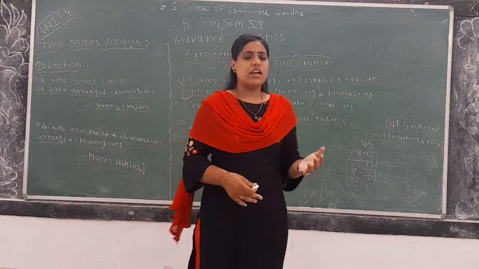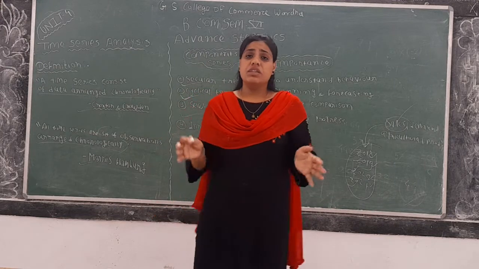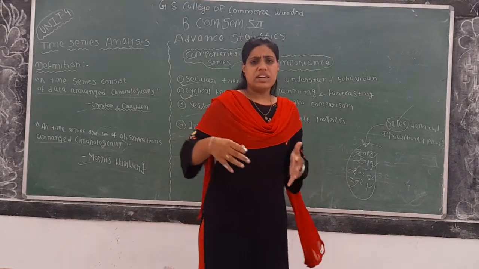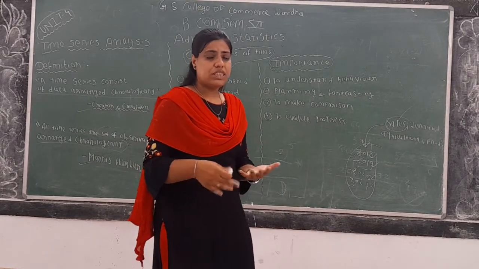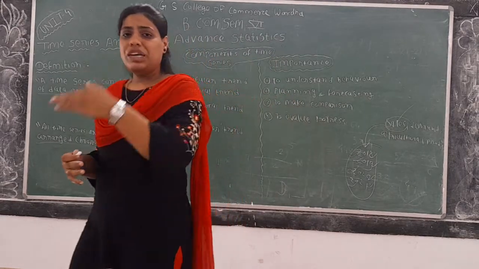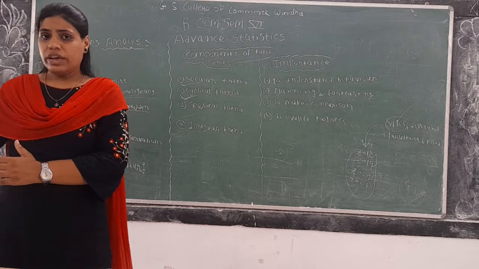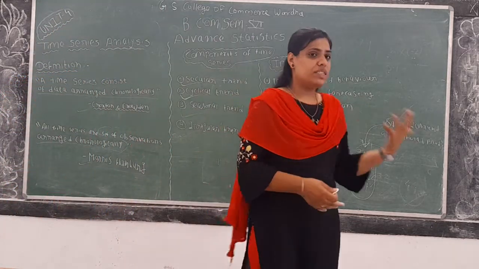Business cycle is a cycle which shows fluctuation in the level of economic activity in a particular economy. Okay, so when we talk about the business cycle, there are various phases of business cycle, like expansion, peak, recession, depression, recovery, and then again expansion. This way we have different phases of business cycle.